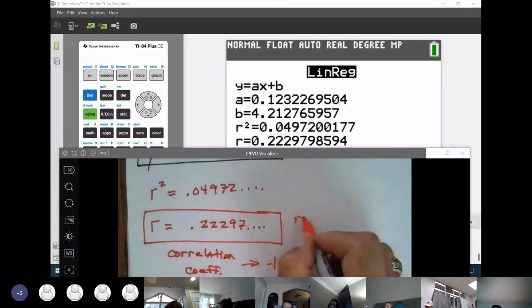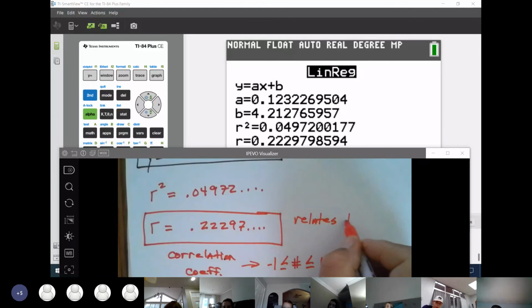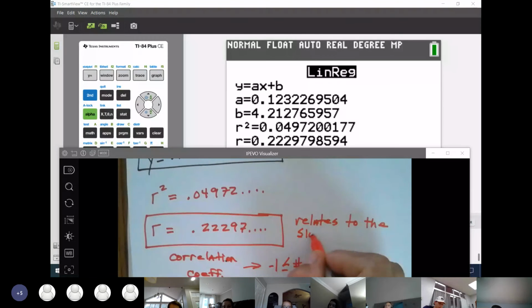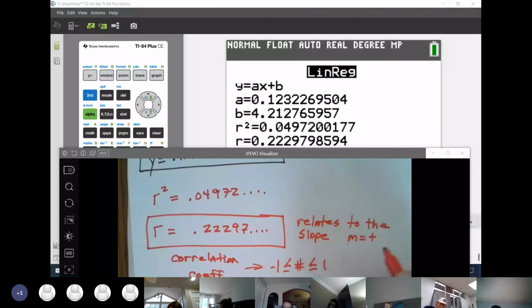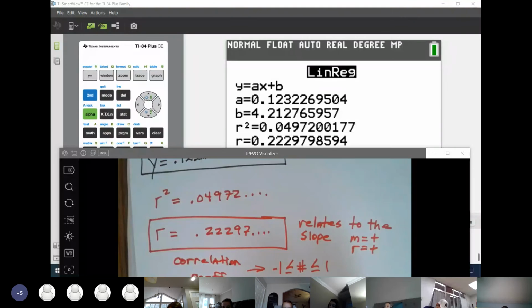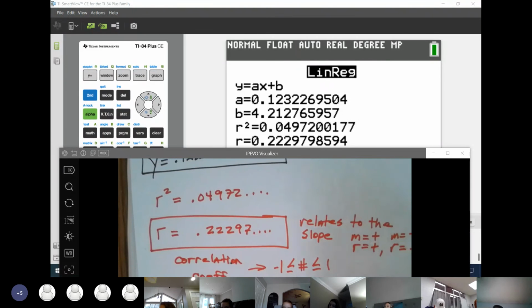It relates to the slope, meaning that if your slope is positive, your correlation coefficient is going to be positive. If your slope is negative, your correlation coefficient is going to be negative.